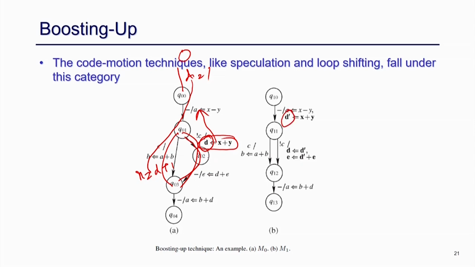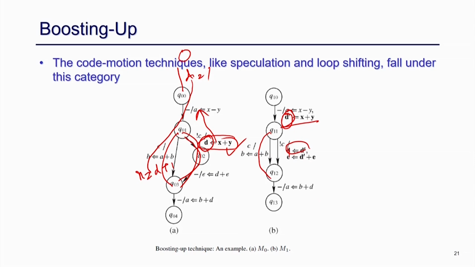What I am doing here, this d equal to x plus y, boosting it up, I do it before the if else, but I am storing this into d dash, and I am going to use this d dash here, and this d dash has no impact here. Again you can see that this particular operation I am boosting up, though it is not visible in this example, may actually save some time step.